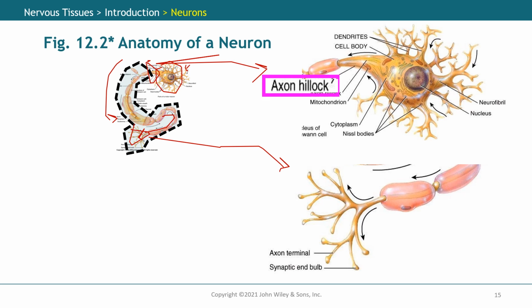The axon hillock is the region where, if you remember, all the different dendrites communicate all these ions, and they start initiating the action potential. So the axon hillock is the place where all of them combine and trigger the action potential.